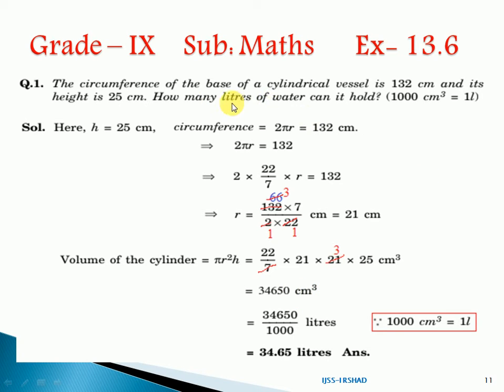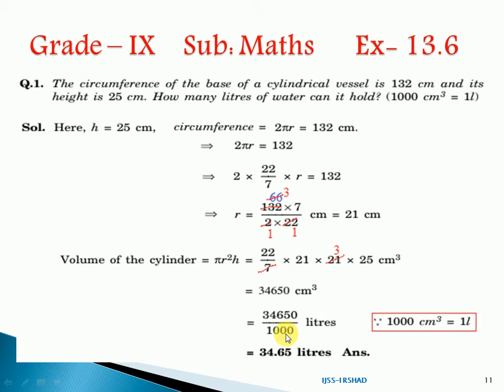But they told you how many liters. So we got this centimeter cube, and here they have given one relation also, 1000 centimeter cube is equal to 1 liter. So this much centimeter cube equals how much? Just divide by 1000, you will get this one. So if you want to convert it into liters, just divide by 1000.